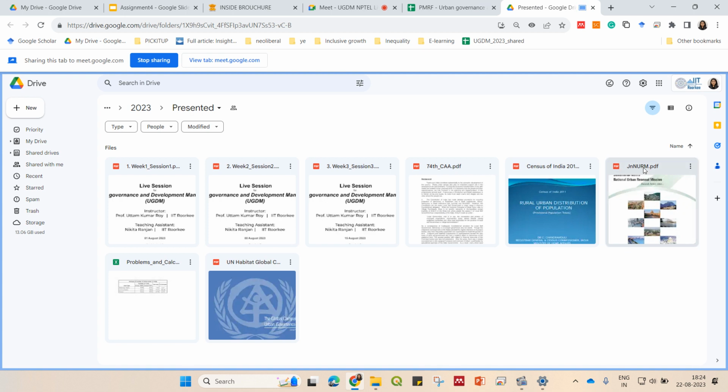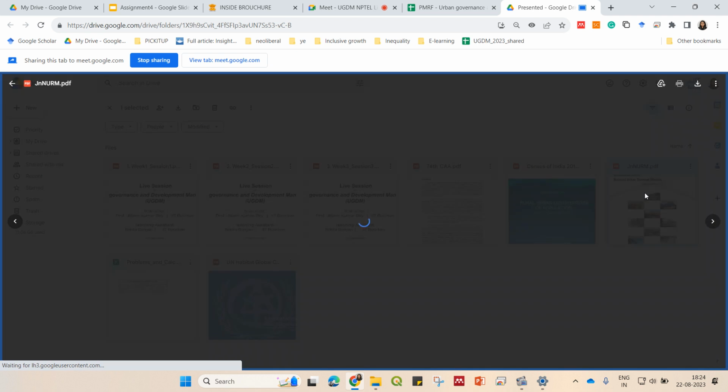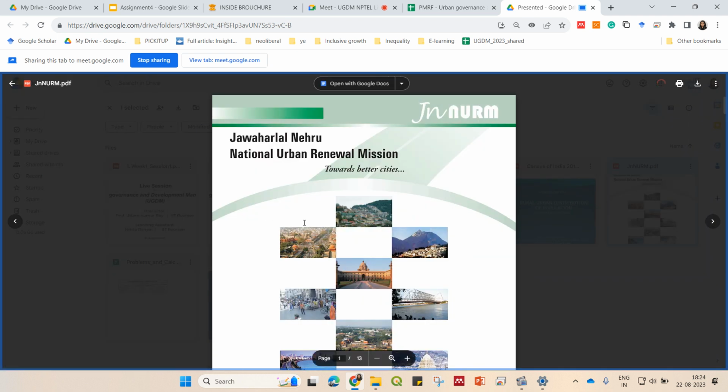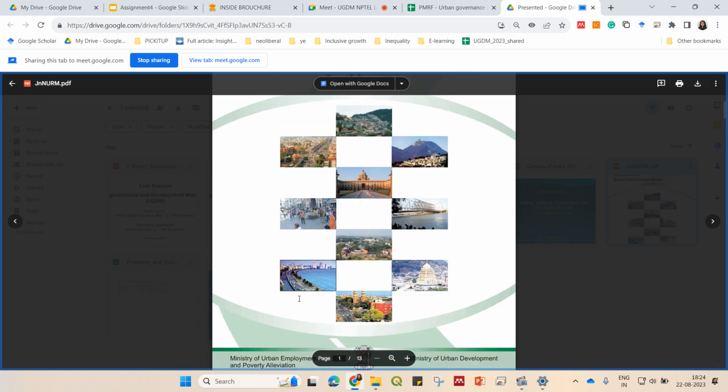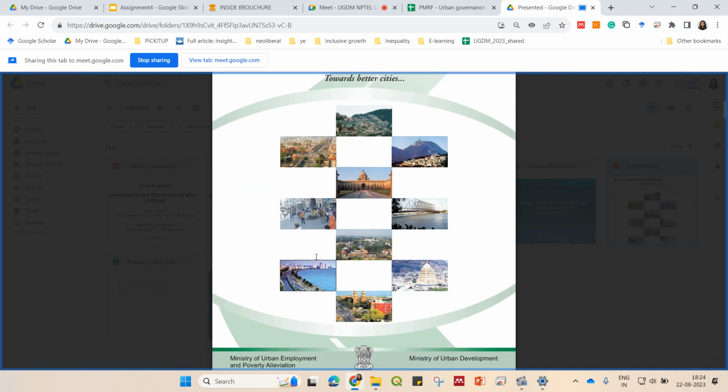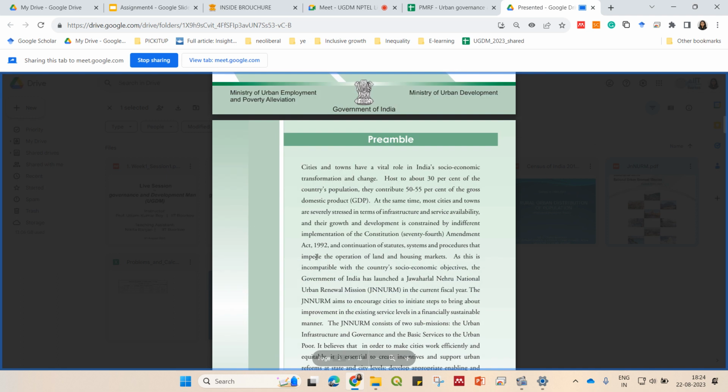If you want, you can access the shared folder and check out the document as well. If for some reason you are unable to access the document on the Ministry of Housing and Urban Affairs website, I have also uploaded it in our shared folder, so you can access it from there as well.